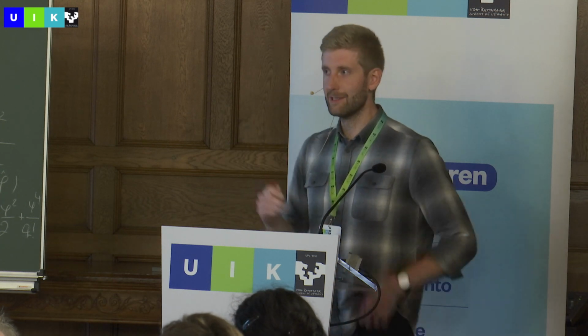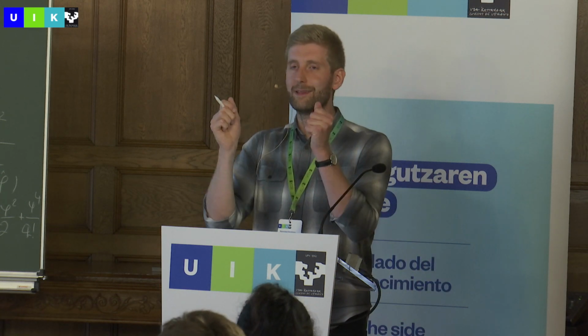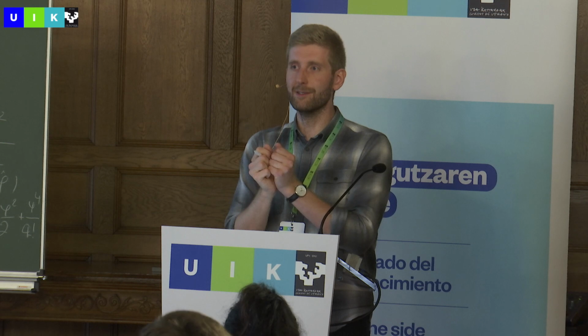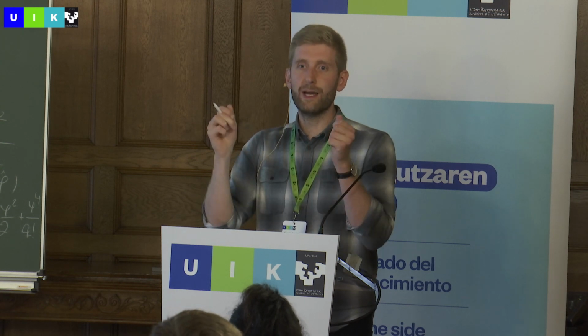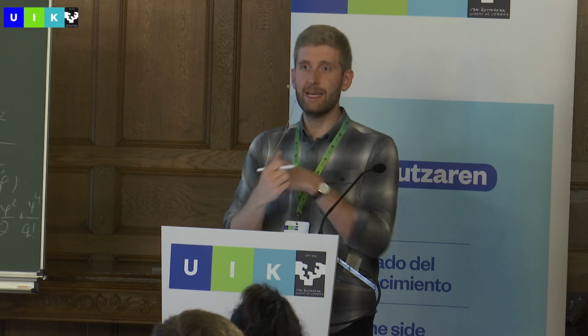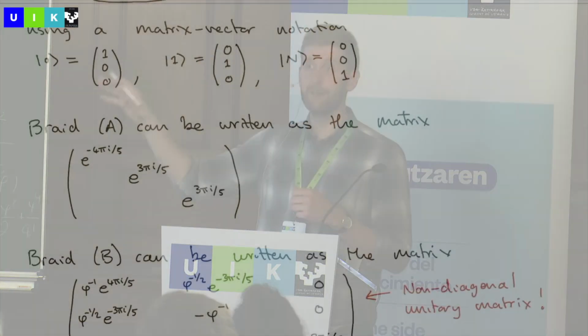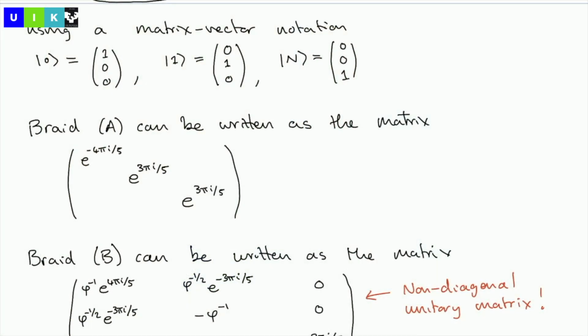Okay? So now it doesn't just depend on the fact that I've swapped two tau anions. It actually depends on the other tau anion that's in the system. Okay, so this is already something a bit richer than just swapping two fermions. The exchange statistics now depends on the fact that we have other anions in the system.